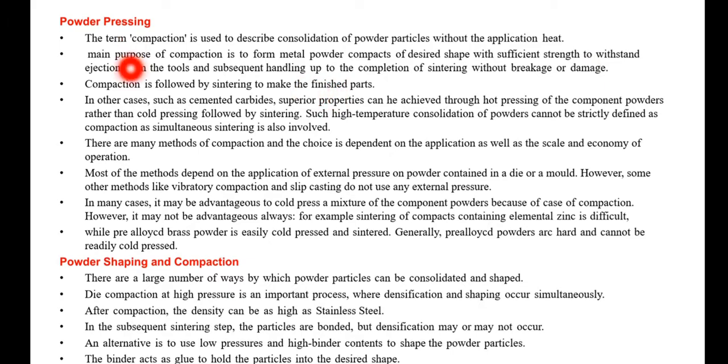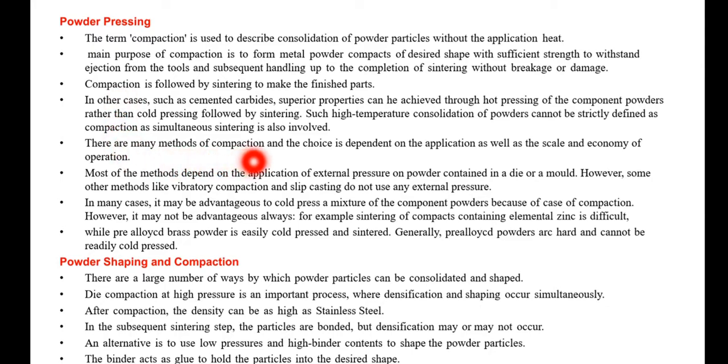Compaction is followed by sintering, though in some cases compaction may be done after sintering to make the finished parts. In other cases, such as cemented carbides, superior properties can be achieved through hot pressing. There are two processes, hot pressing and cold pressing. If the pressing is done above the recrystallization temperature, it is hot pressing at an elevated temperature. If the pressing is done below the recrystallization temperature, that is cold pressing.